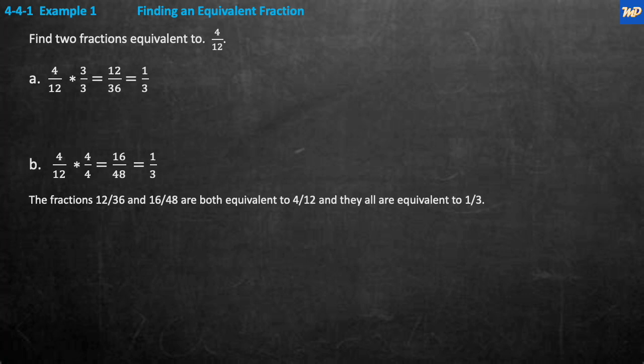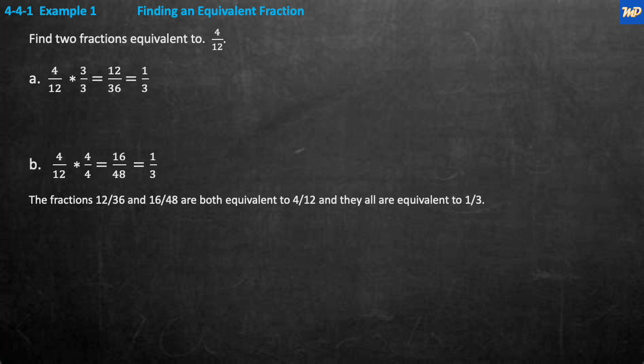B: 4/12, we're going to multiply by a different number to show you how you can use any number. It'll work. It could be a million over a million if you chose. But 4/12 times 4/4 is equal to 16/48, because 4 times 12 is 48 and 4 times 4 is 16.